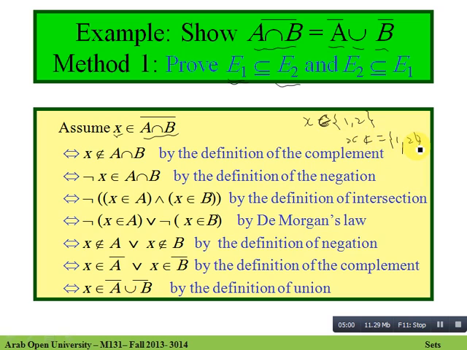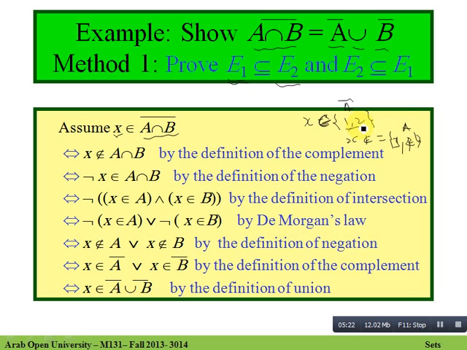So we say that if X belongs to A complement, then X does not belong to A. Let's say A is 3, 4. Okay, A complement is 1, 2.